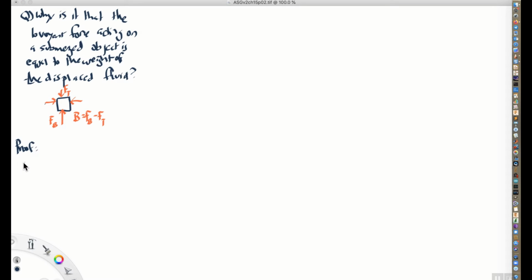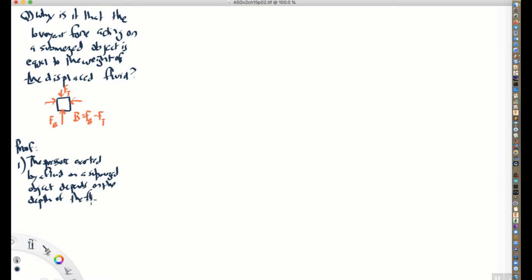Proof. Okay, so the first thing we're going to do is notice that the pressure exerted by a fluid on a submerged object depends on the depth of the fluid.